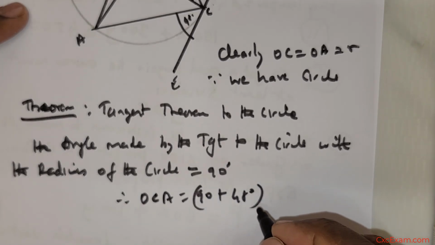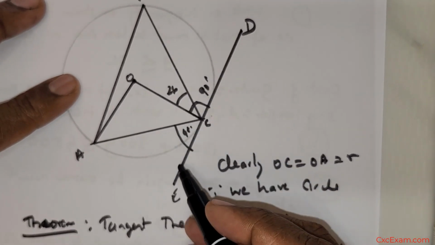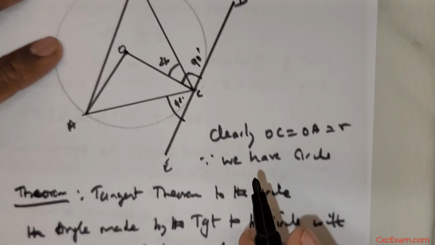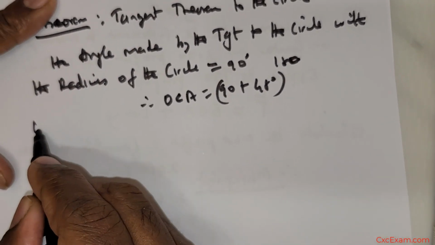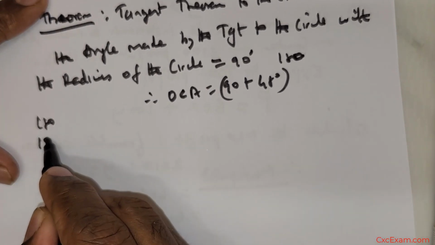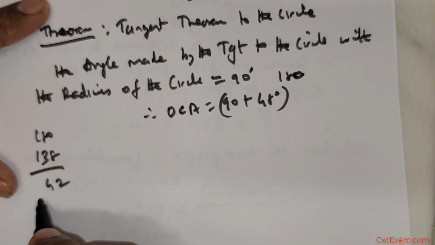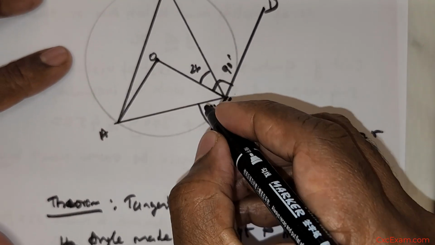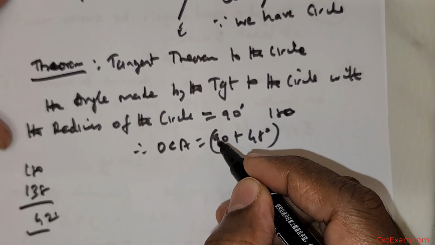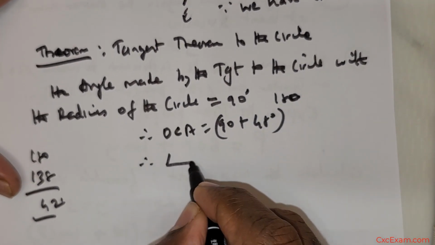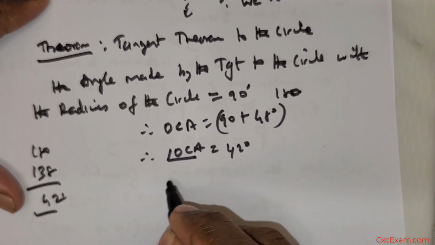And what I'm going to do is subtract this from 180, since from here to here is 180. So from 180 I'm going to subtract 138. So it's going to be 42 degrees. So this angle is 42 degrees. So I'm going to write this here. Therefore angle OCA is equal to 42 degrees.